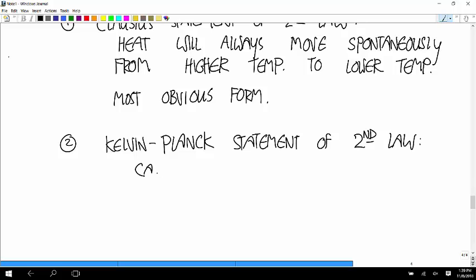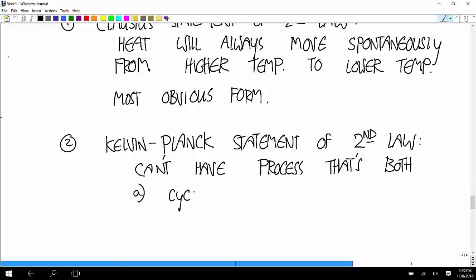You can't have a process that's both, so first, a cycle.